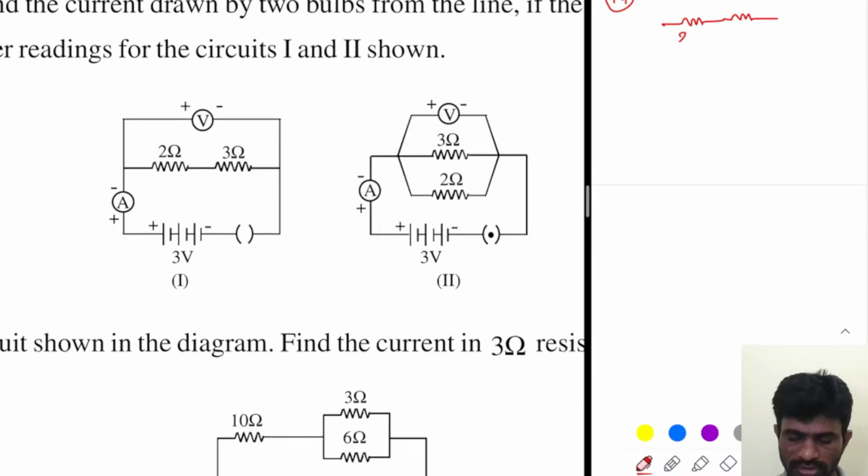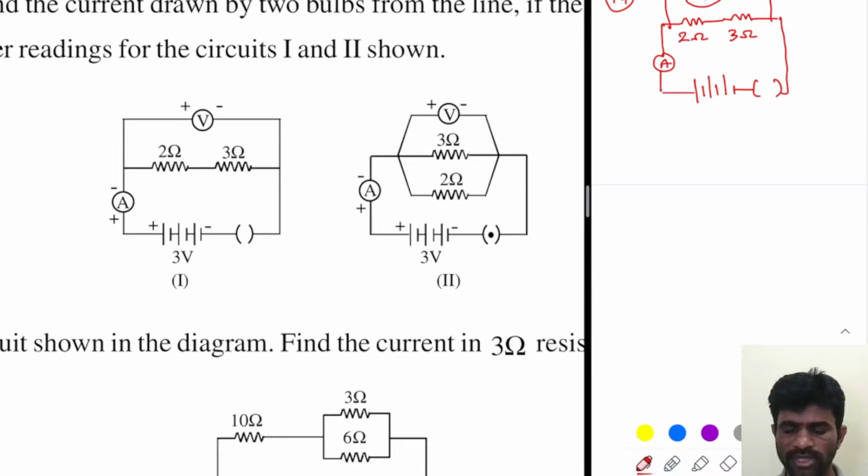One is of 2 ohms and the other is of 3 ohms. Correct? So here we have an ammeter, here a battery, like this we have the circuit, and here we have a voltmeter. The voltmeter is across the combination of 2 ohms and 3 ohms.